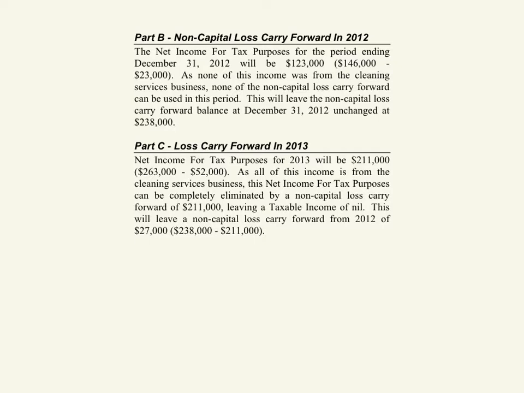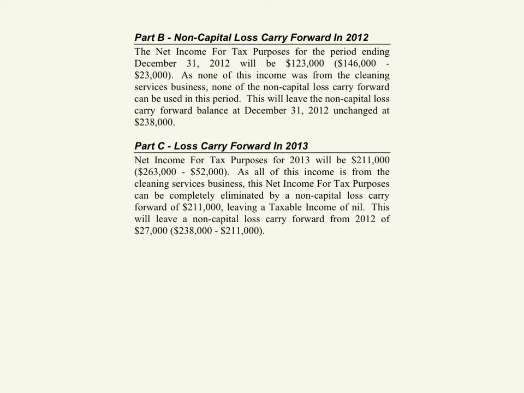But if I move on to 2013 and find out what the net income for tax purposes is, which is 263,000, the income from the cleaning services, less 52,000, the loss that kitchen appliances has made, then I will end up with a possibility of deducting some of my non-capital loss carry forward.